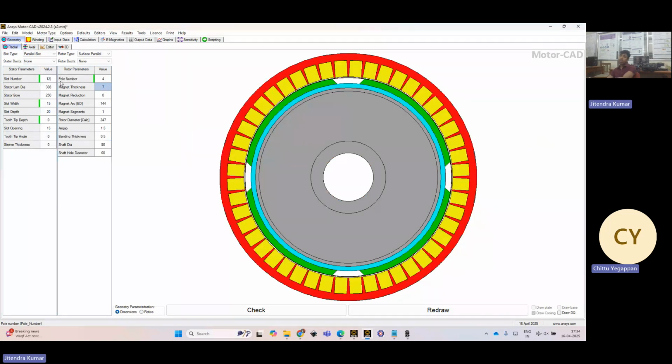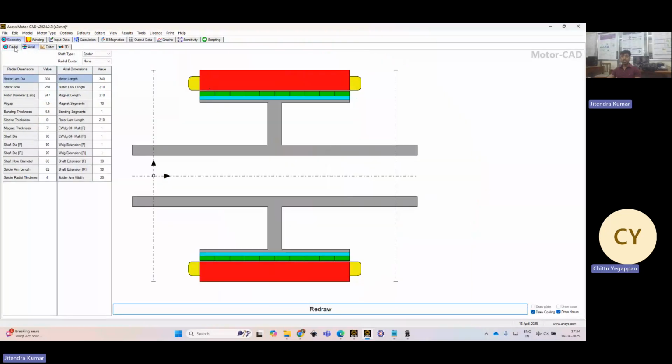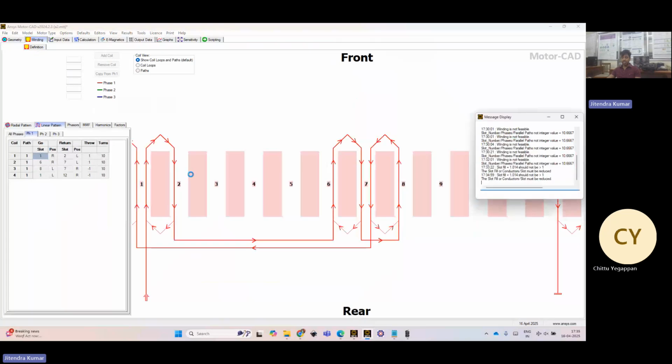Irrational, no, sir. 12 by 10 is 1.2, divided by 3, what is it? 0.4. So 0.4 by 10, how is it irrational? It is non-integer, but it is rational. Did you get the point? Yes, sir.